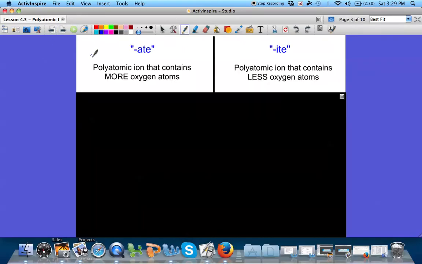We have some suffixes for the polyatomic ions. The suffix -ate refers to a polyatomic ion that contains more oxygen atoms. The suffix -ite is a polyatomic ion that has fewer oxygen atoms.